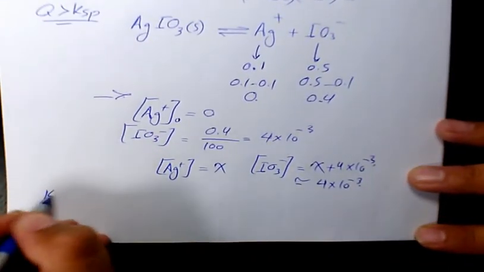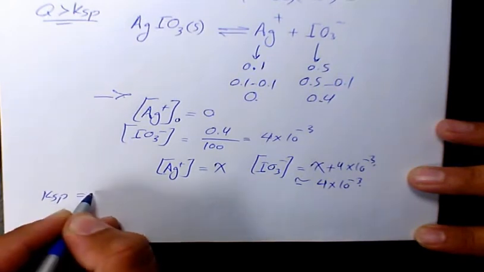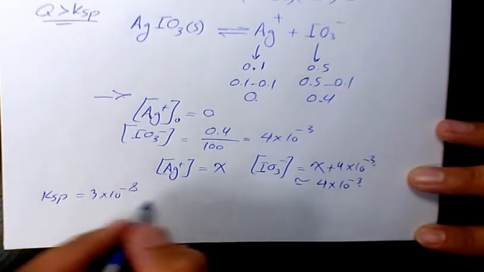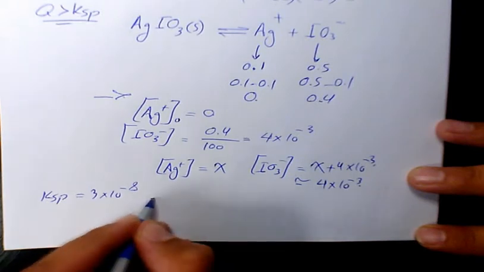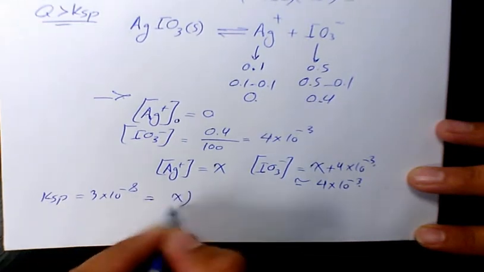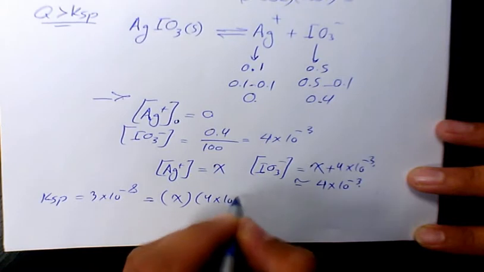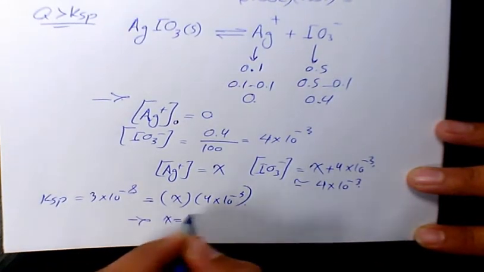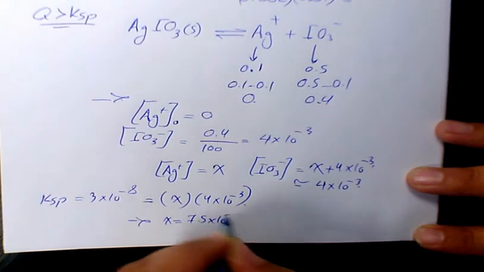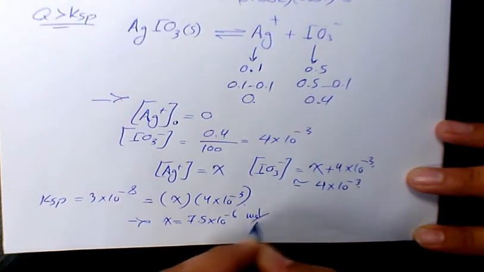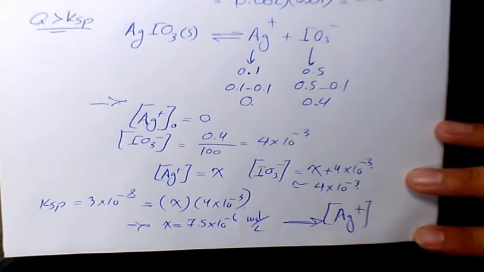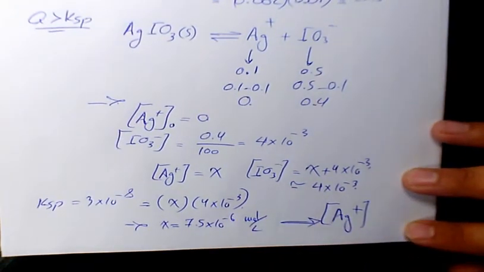So KSP equals 3 times 10 to the power of negative 8 equals x times 4 times 10 to the power of negative 3. It means that x will be 7.5 times 10 to the power of negative 6 mole per liter. So that's the concentration of silver ion in the solution.